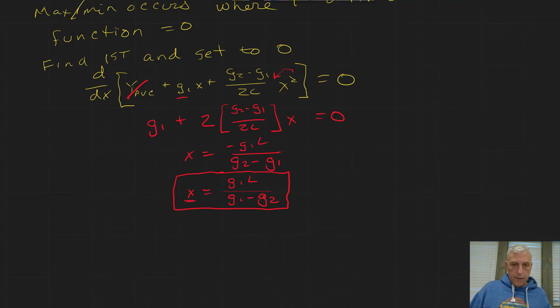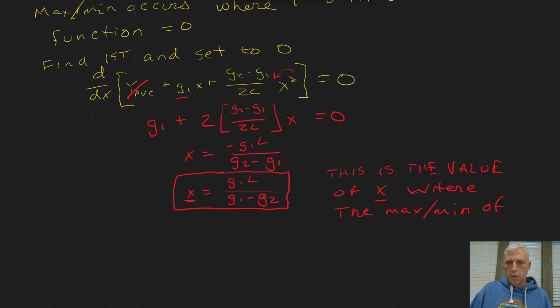So then this is the value of x where the max or min of a curve occurs.